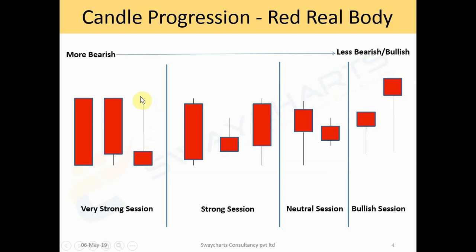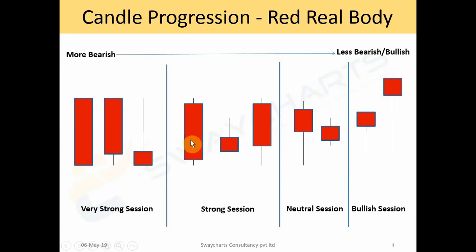So again the same thing applies. The bulls took charge, but then they gave up, and the bears just came down. They not only came down to the open, but they also closed below the open. So this was again a strong bearish session for the market, right?